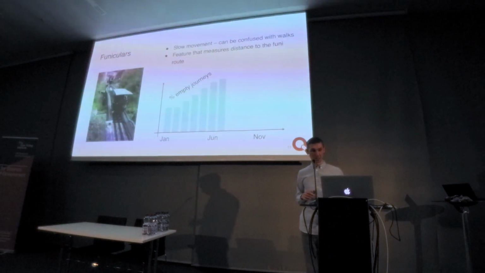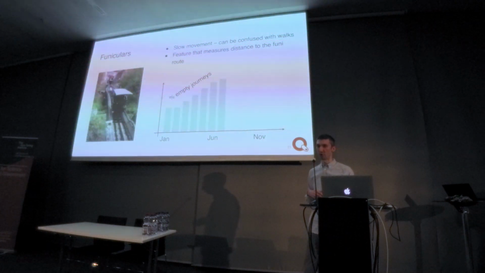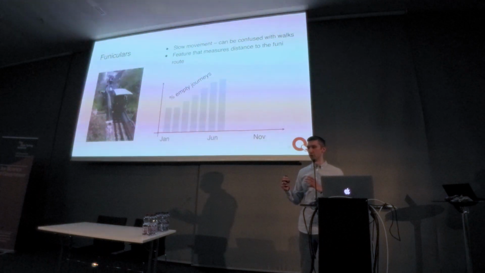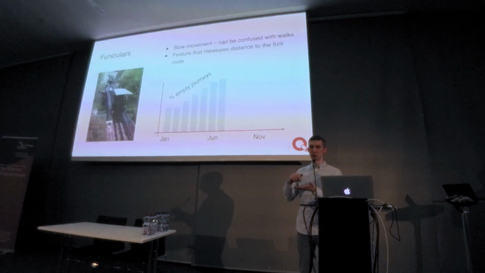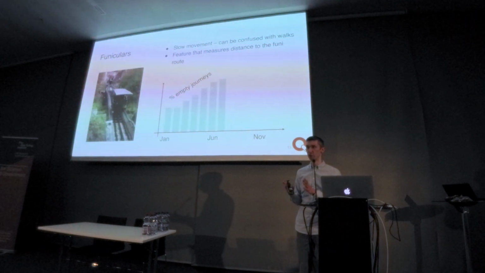The second thing I want to talk about is the specific case of funiculars. After we deployed the model, we also monitored how many empty journeys a person has after checking in at certain stations, meaning trackers with empty journeys, so he didn't have to pay for the trip.